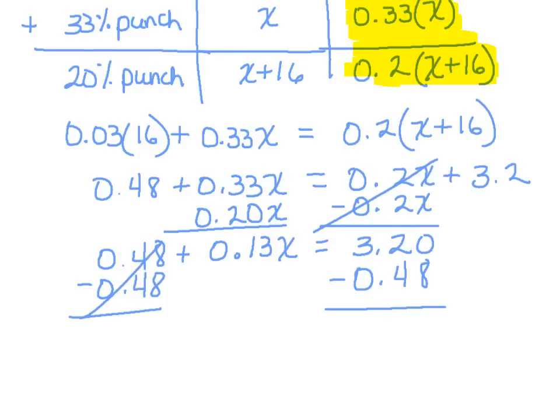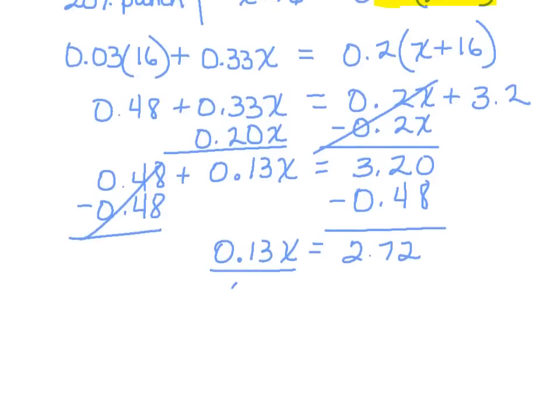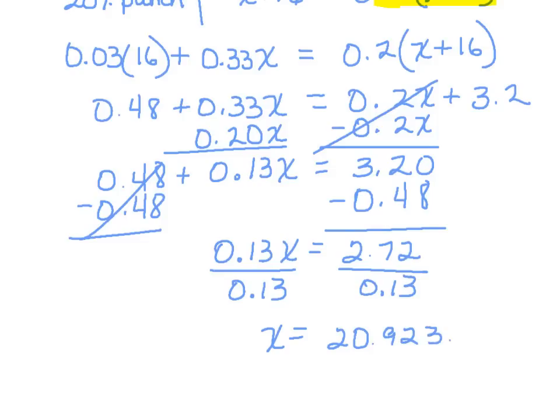So I'll have 0.13x is equal to 2.72, and then I'll need to divide both sides by 0.13, and so I have 20.923, and it continues.